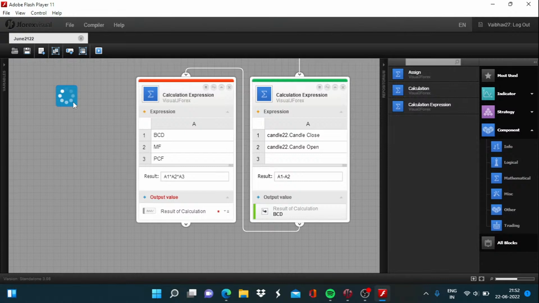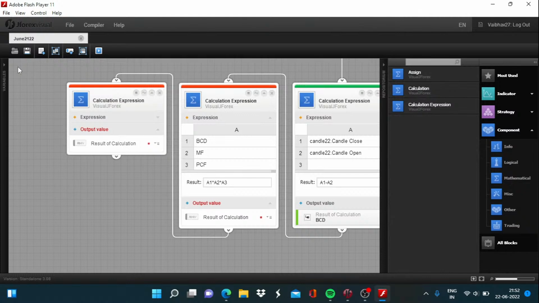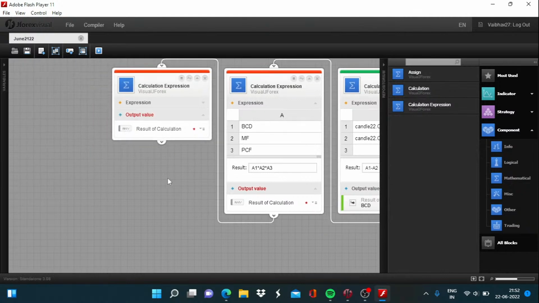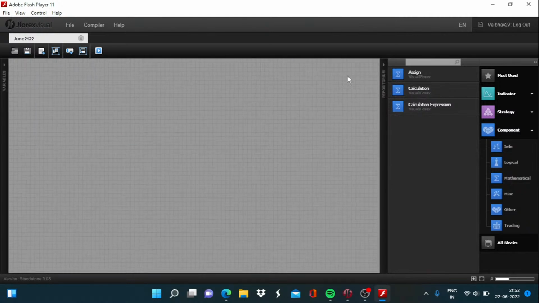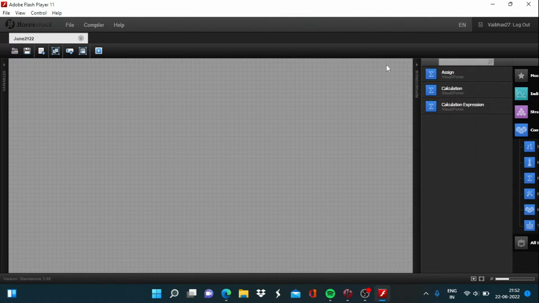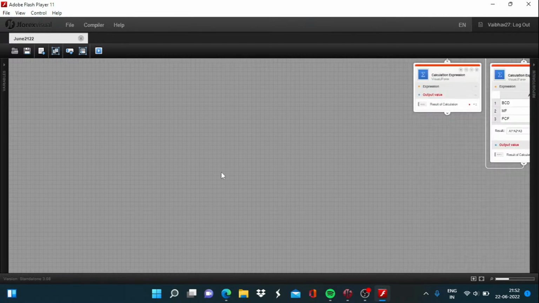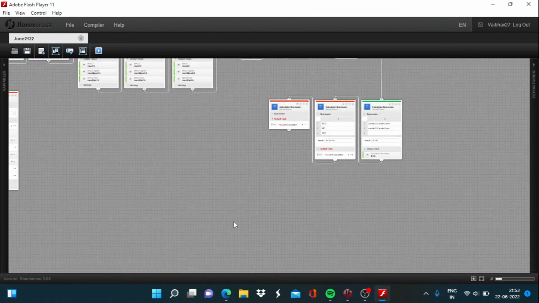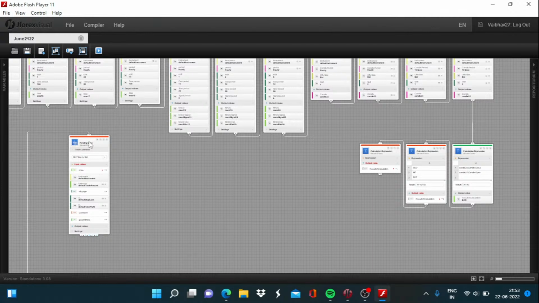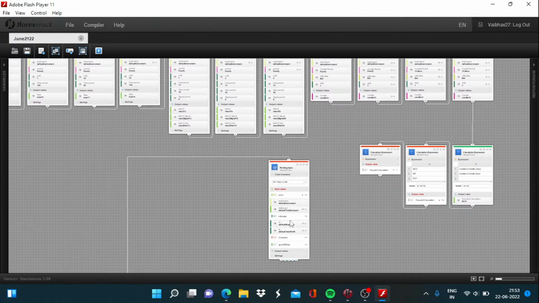So I will create new variables here with the different data type. We need to make sure that the data type is of integer for these trade command block variables.